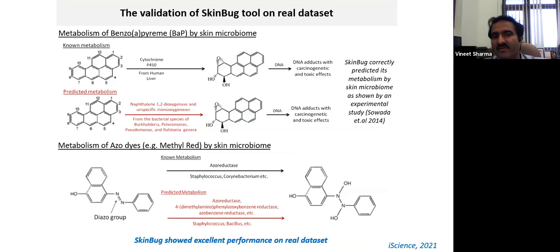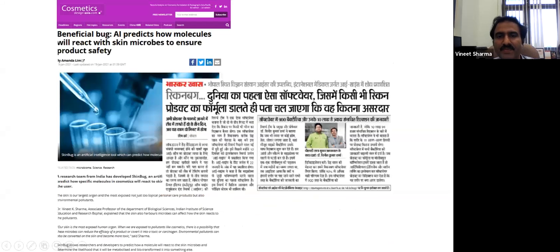The typical cases are benzopyrene, which we are exposed to every day, our skin microbiome, and the azodyes. Here the predicted metabolism was this, and we could also predict the same enzyme and the bacteria which can do that reaction. So for both examples, this was also widely covered.